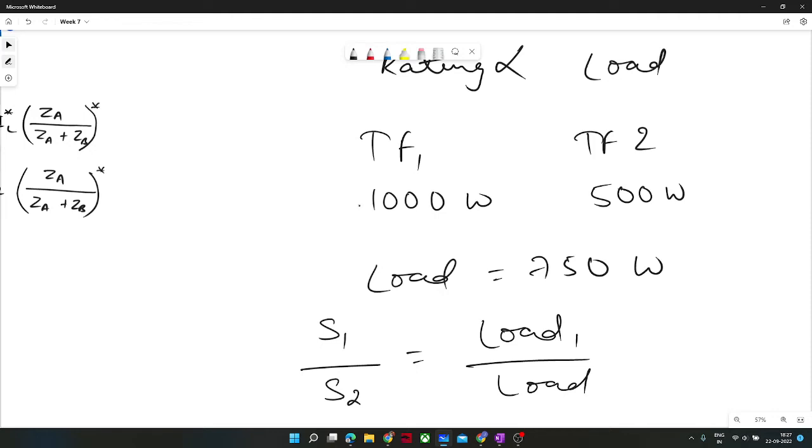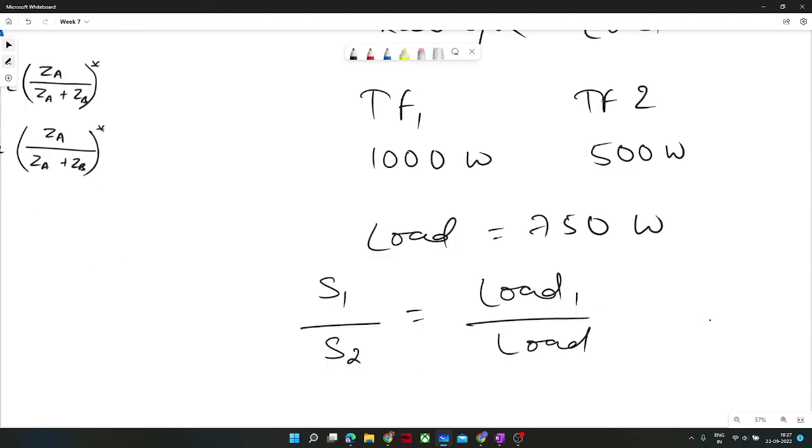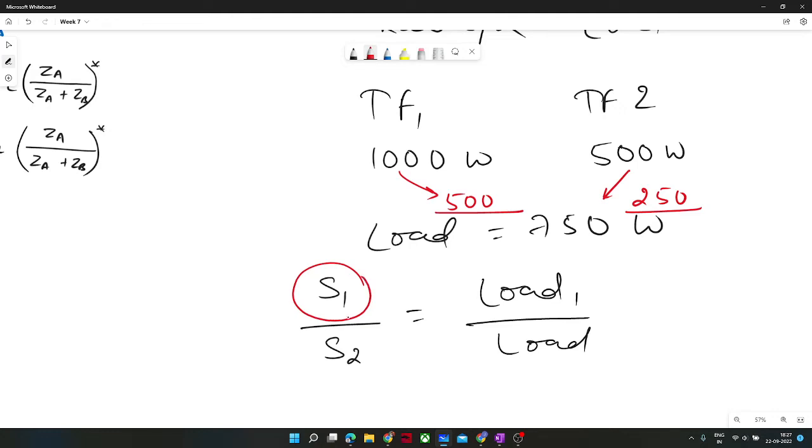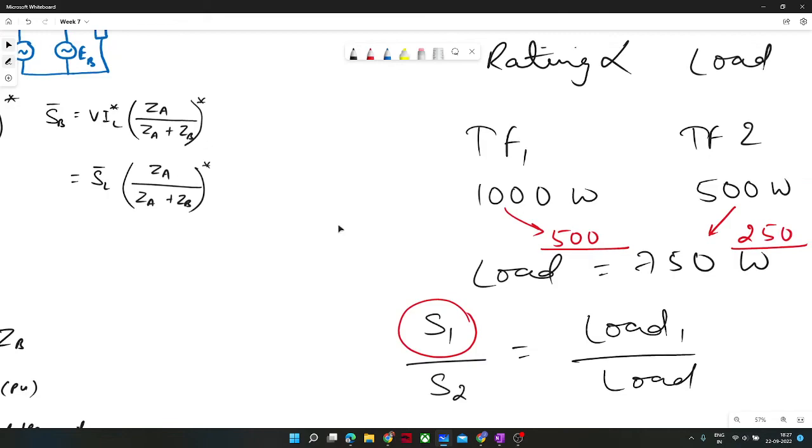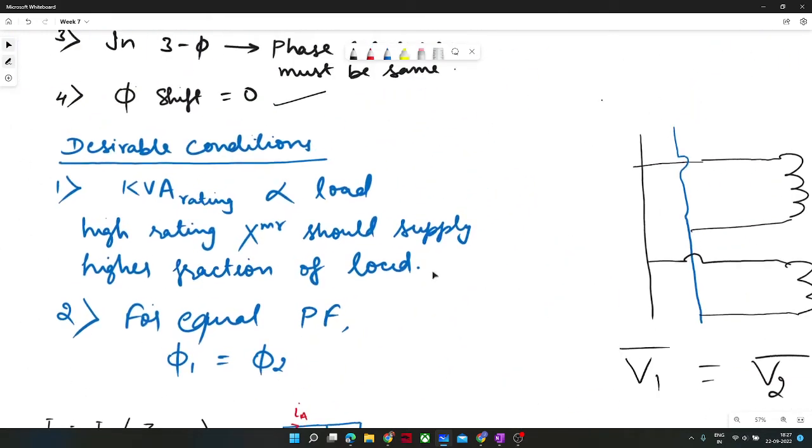Here transformer 1 should supply 500, and transformer 2 should supply 250. The rating should be proportional to the load. We will see in problems how these are done. I have taken only a scalar one. If we do some vector analysis, you will get a better idea, right?